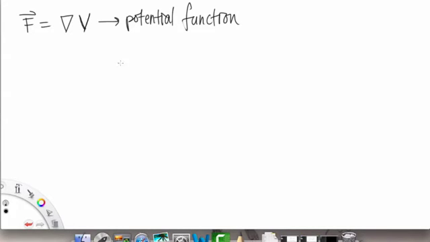So what happens in this case is that the curl of F is equal to the curl of the gradient of V, which is equal to the 0 vector.